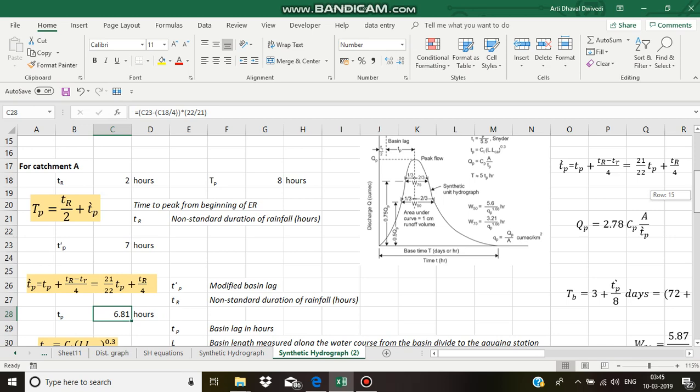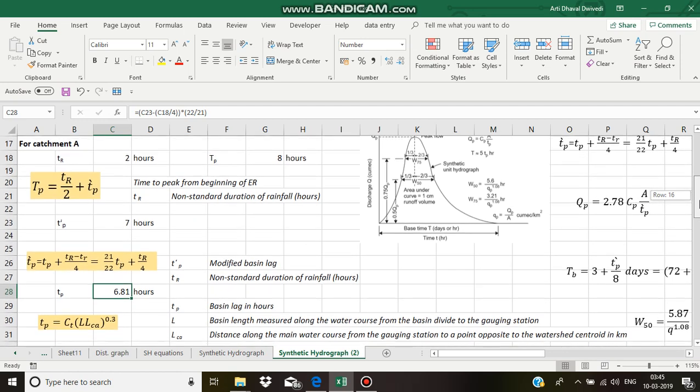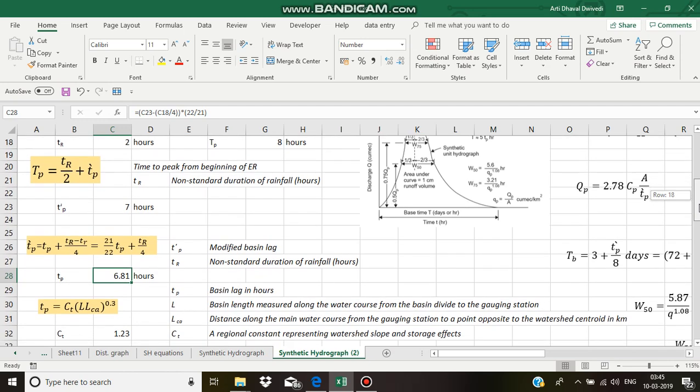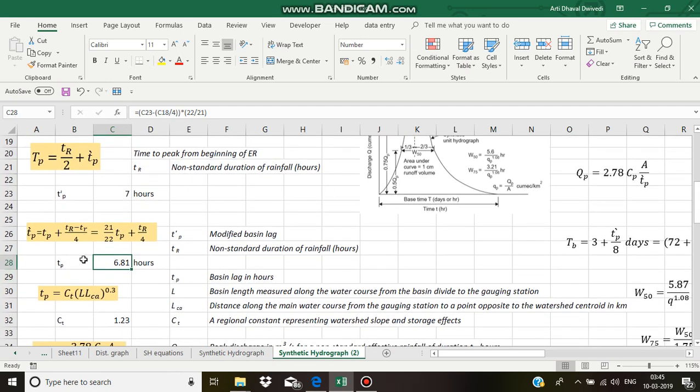So T dash P and tp: tp is the basin lag in hours and T dash P is the modified basin lag. So using this value of tp and the values of basin length and LCA, we can now calculate CT.